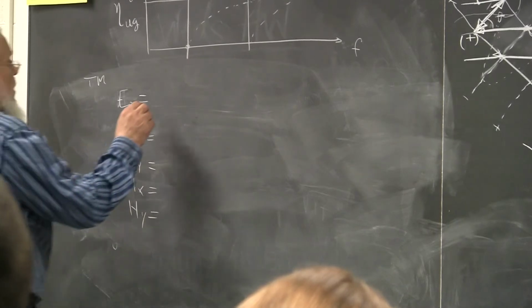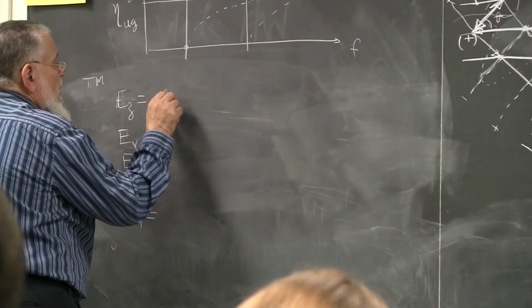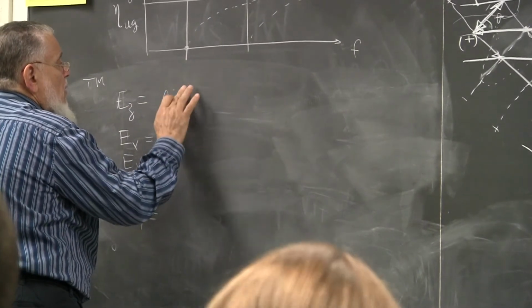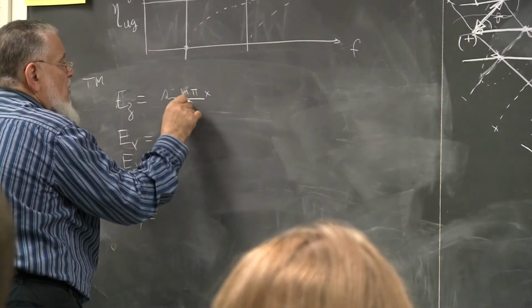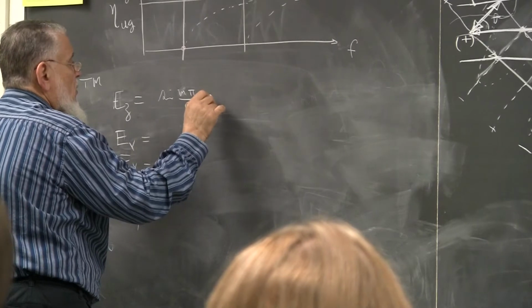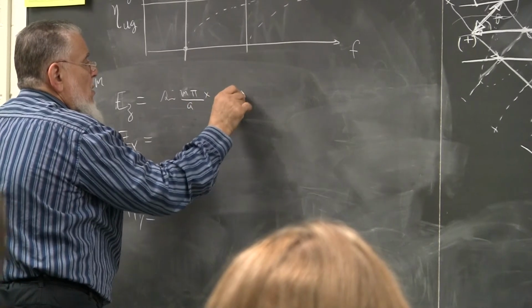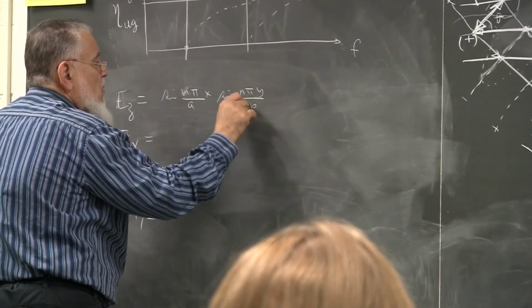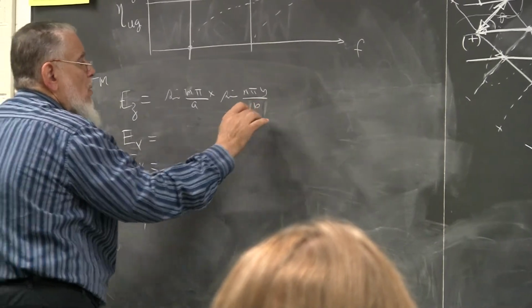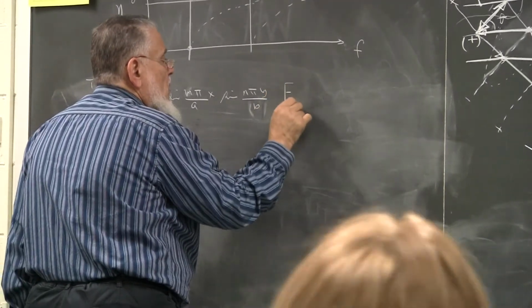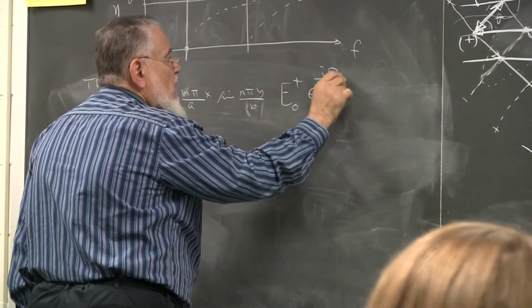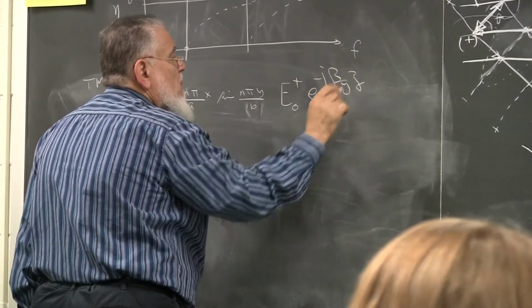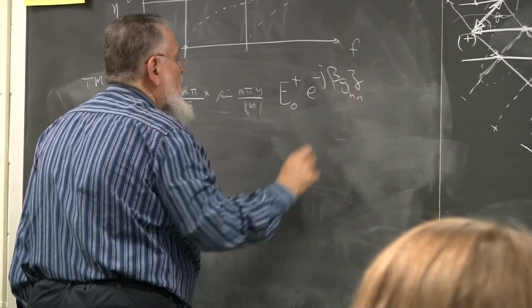So that was sine m pi x over a, I'm trying to remember. You can help me out if I have anything wrong here. Sine n pi y over b times e to the minus j beta guide z mn.